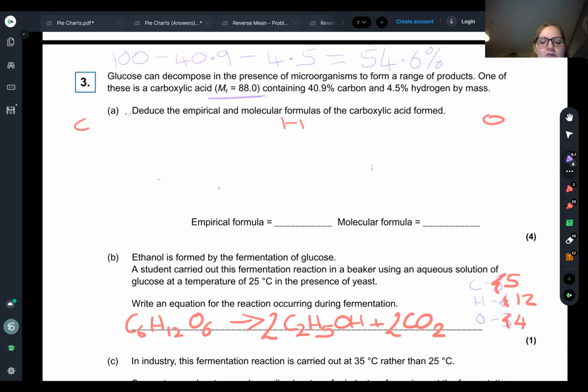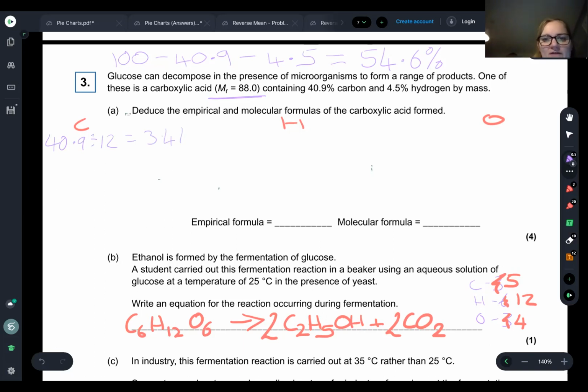So now we're going to divide all of them by their atomic number. Carbon is 40.9. We're going to divide carbon by 12, and that will give us 3.41.